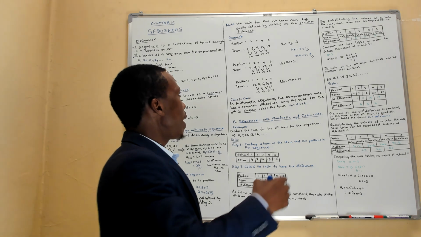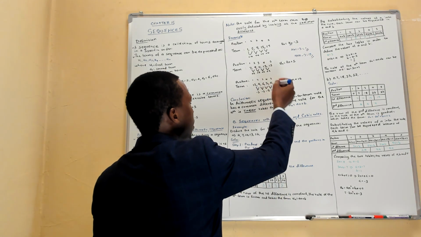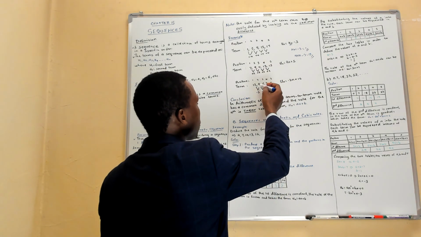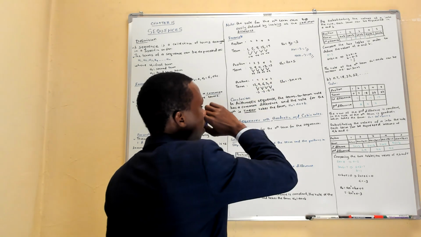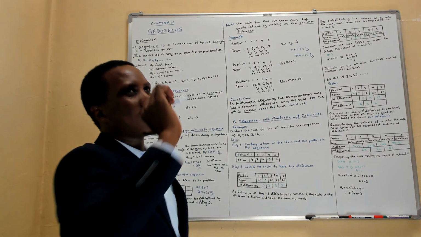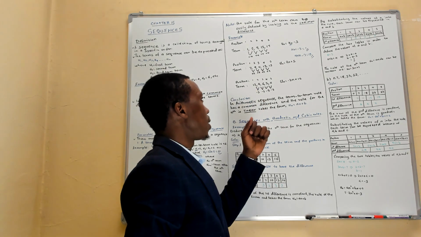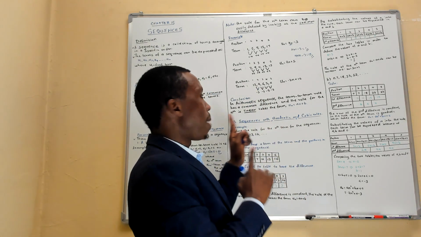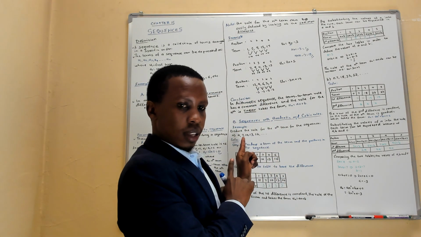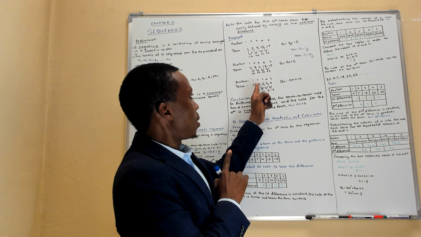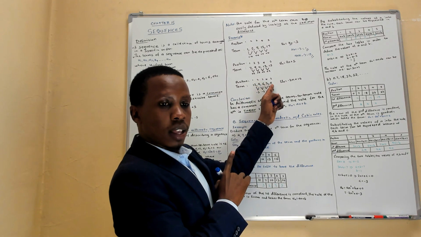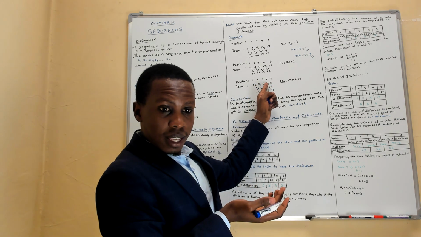So how many terms are here? 1, 2, 3, 4, 5. Let me say that I need to get maybe the 7th term of this sequence. But remember, I only have up to the 5th. That's the first, second, third, fourth, and 5th. What if I need the 7th?